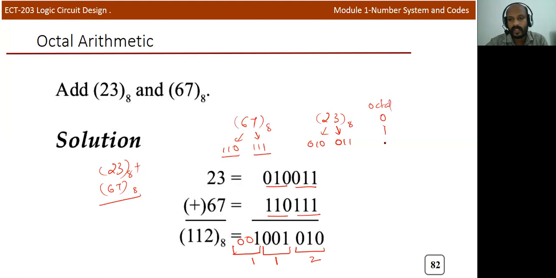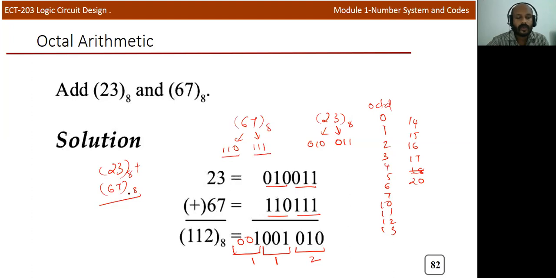If you write 0 1 2 3 4 5 6 7, after 7 is not 8, it's actually 10. After that 11, 12, 13, 14, 15, 16, 17, and then, sorry, instead of 18 we'll write 20.